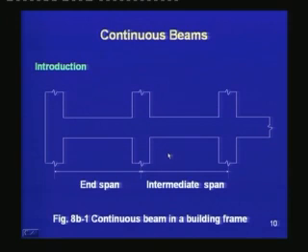Hence, the moment values of the end span are usually different from the other intermediate spans. Observe that the columns can be assumed to be pin supports because the moments on the two sides of the column can balance each other, and hence a beam in a frame is idealized as a continuous beam with pin supports.